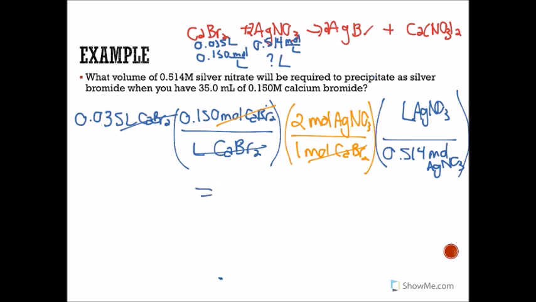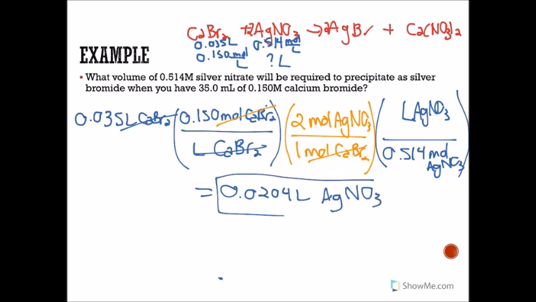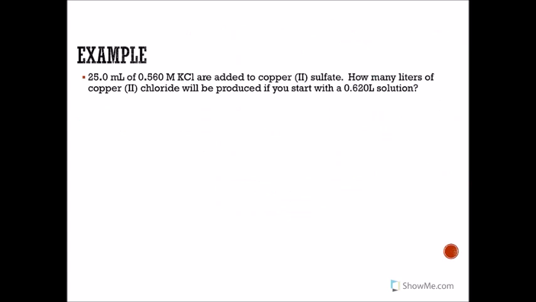Now if we multiply all this out, 0.035 times 0.15 times 2, and we divide that by 0.514, we get 0.0204 liters of silver nitrate. There we go.